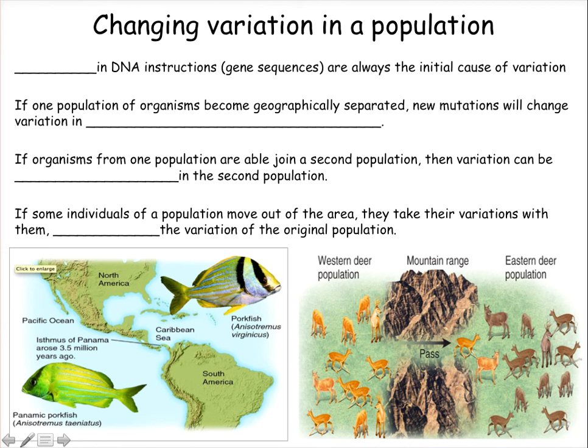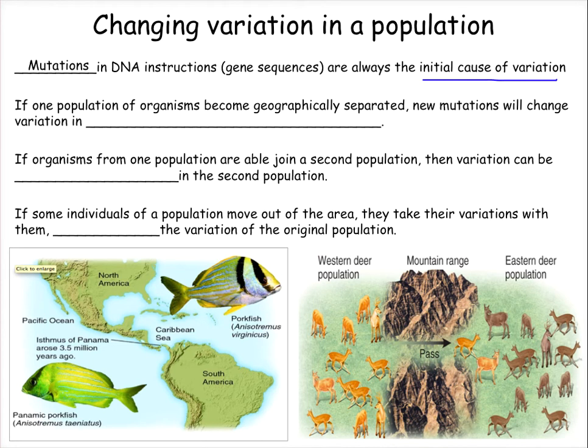Okay, so we just learned that mutations in DNA instructions or gene sequences are always the initial cause of variation. I want to talk a little bit about how mutations can work in populations that are geographically separated. So we had that concept earlier, I believe in lecture 2, we had the concept of geographic separation. So let's look at this picture down here on the left.